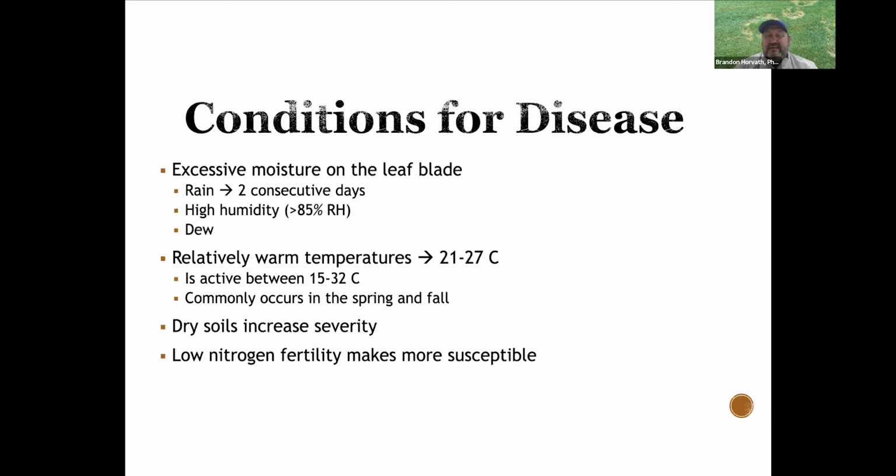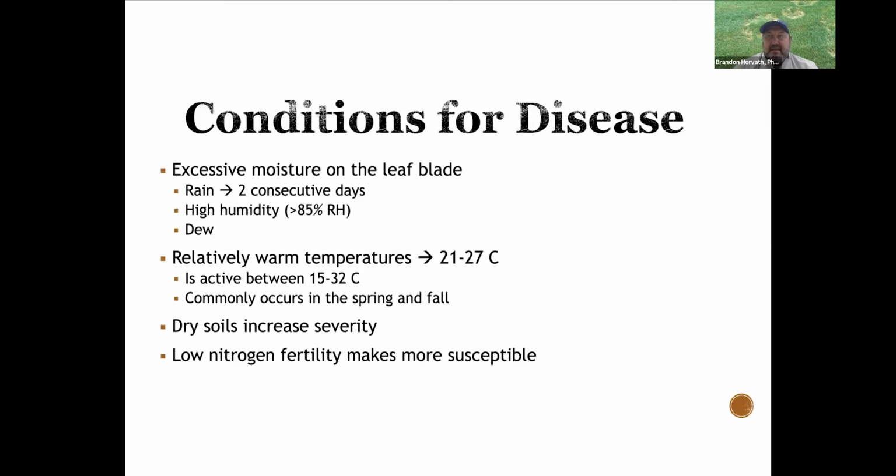It can be active across a very broad range of temperatures, anything from 15 to 32. So 15 is in the low 60s, and 32 is up around 90. So pretty much the whole range of weather conditions under which we're growing cool season turf, this organism can be active and growing.